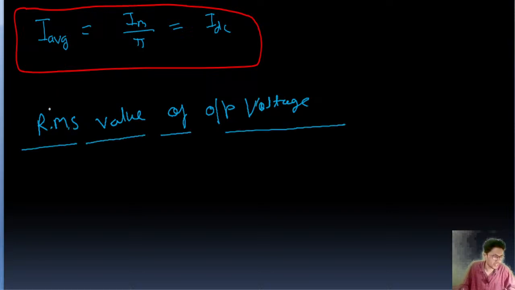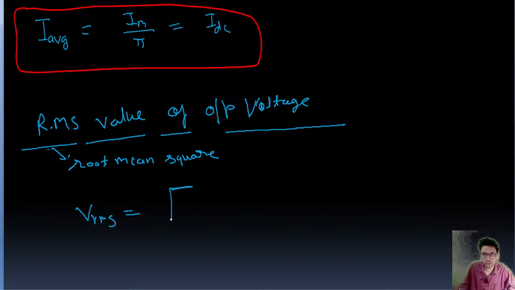RMS means root mean square. So the RMS value of output voltage is going to be VRMS.